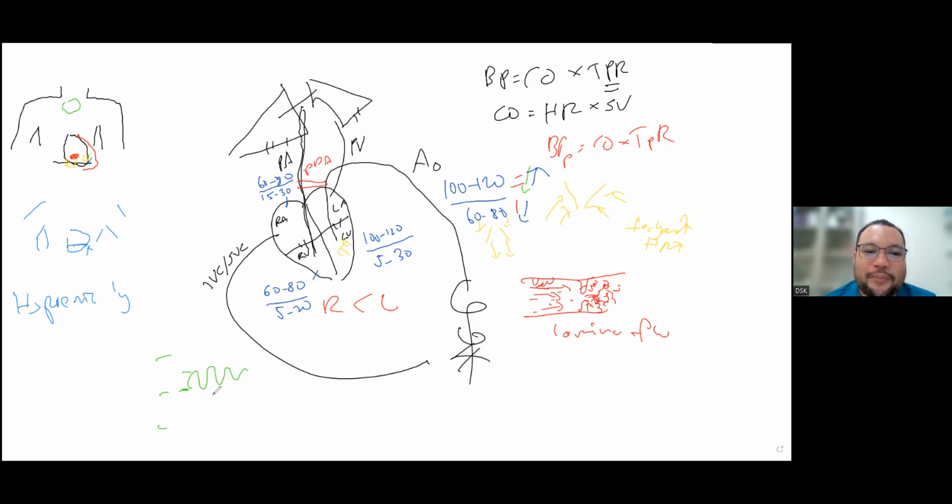So what happens now? You'll have more bounding pulse. Lagi bounding daripada PDA. You angkat tangan against gravity, you'll have more collapsing pulse. Faham? Jelas?